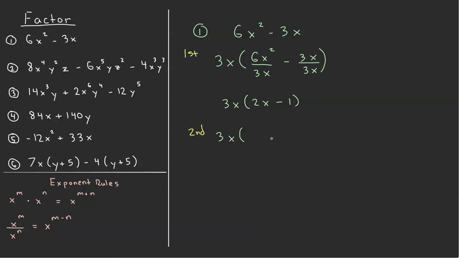Okay, this is going to be the easier way, I think. 3 times a 2 would give you the 6, and an x times an x would give you the x squared. Right? And then we drop our minus sign. And then 3x times what will give you 3x? Well, 3x times 1 would give you 3x.